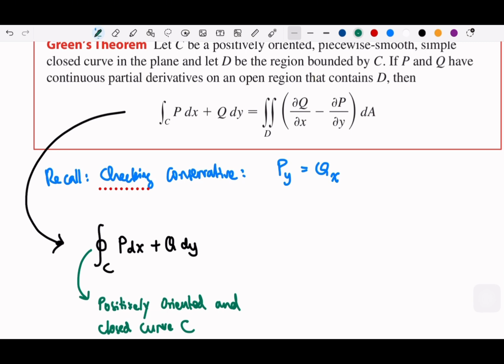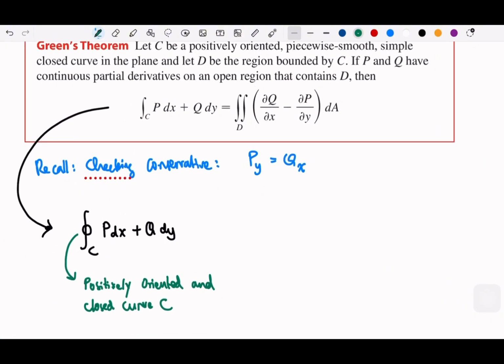Another notation that could be written for the Green theorem, aside from this line integral, is the double integral, and then this will have the partial Leibniz notation and D for the region D. We can write also something like this.